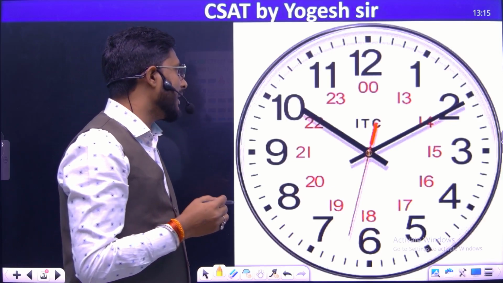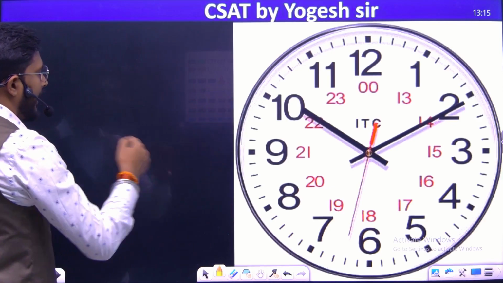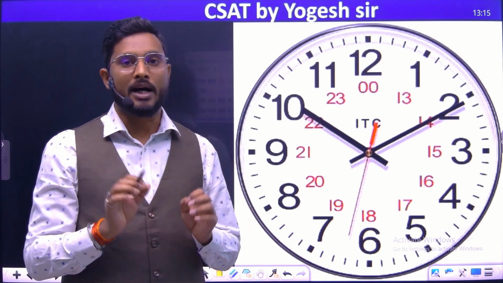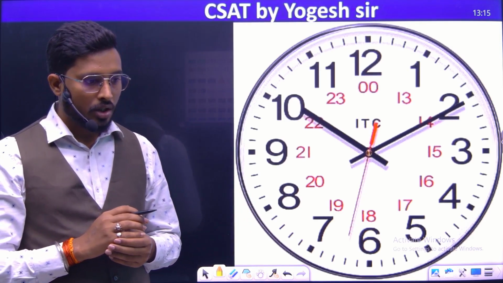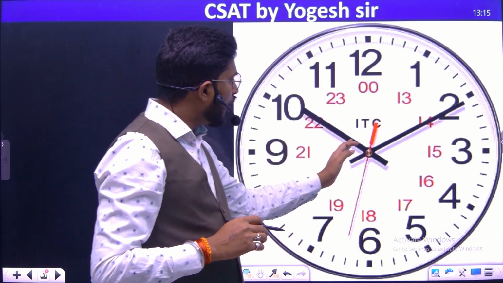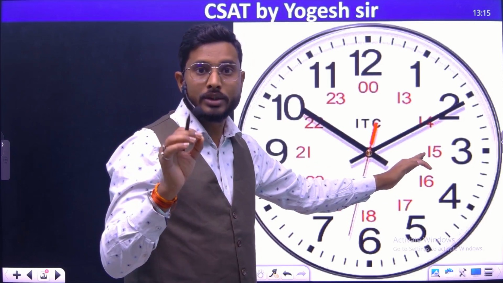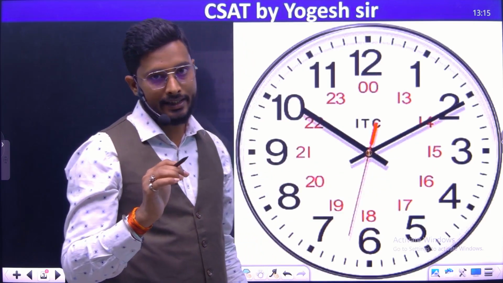So you can see that this clock is divided into 60 parts, and the value of the whole round, the whole circle, is 360 degree.